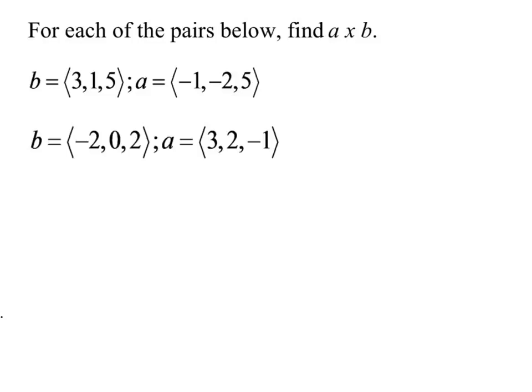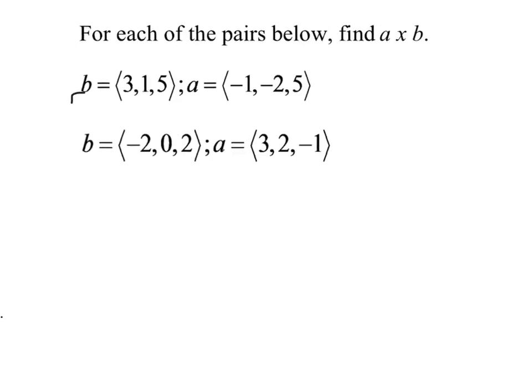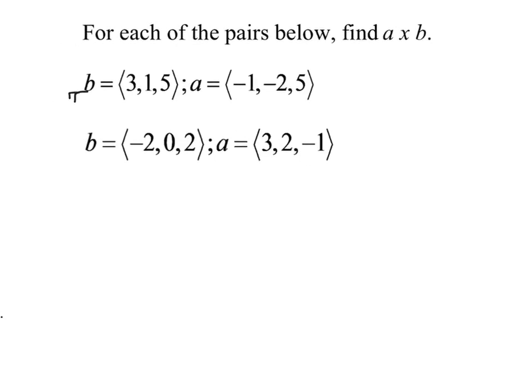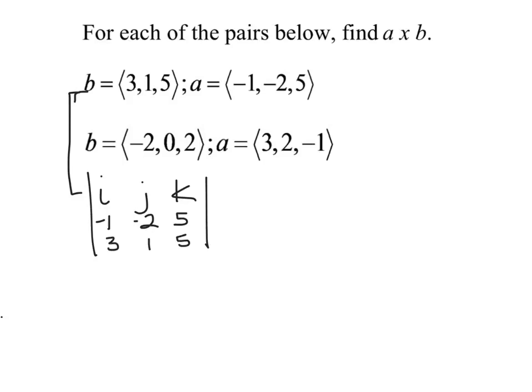Let me do the first problem down in here. Okay, so we've got I and J and K. So it's A cross B, so you should put A first, like that.